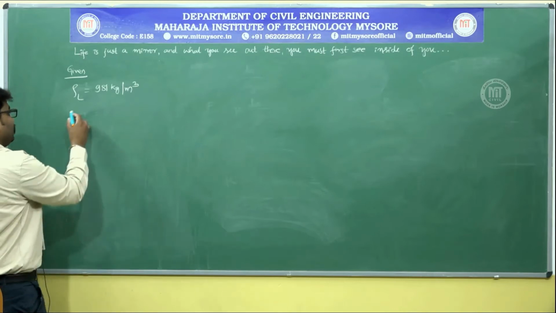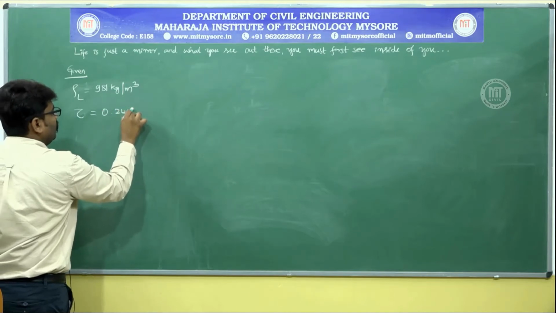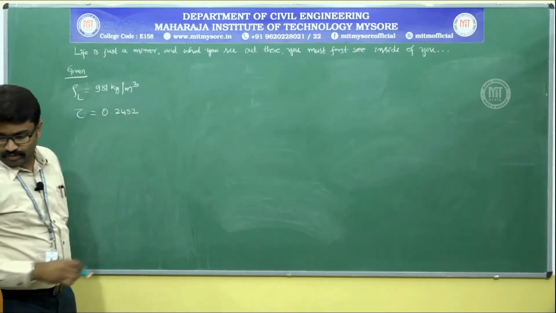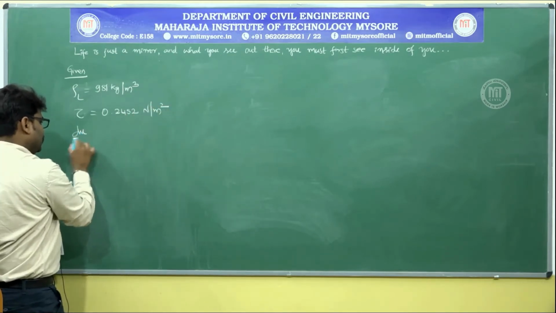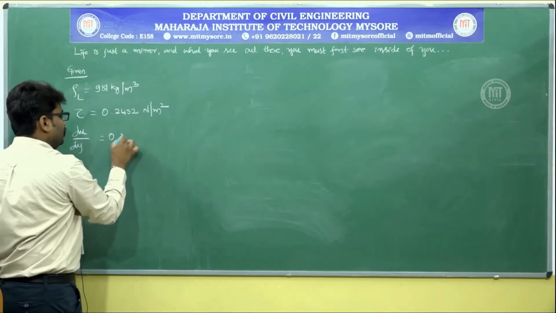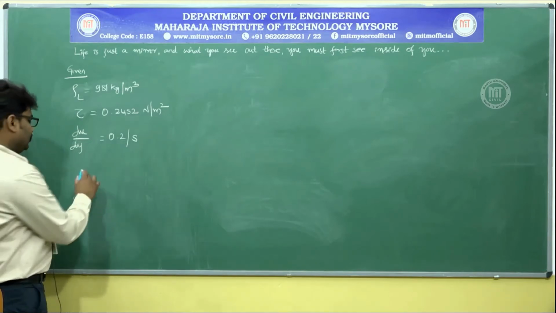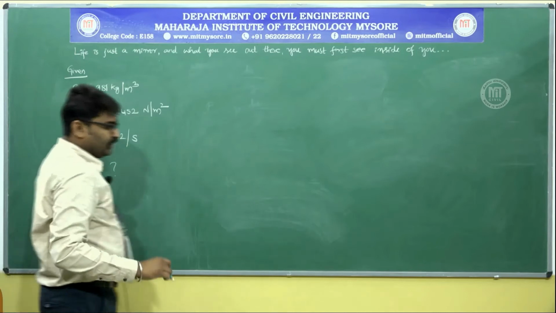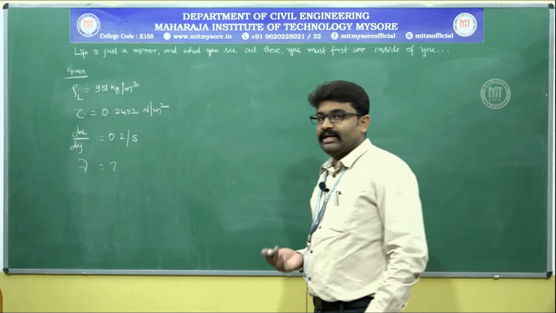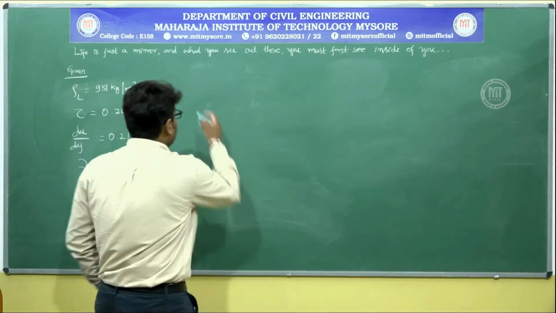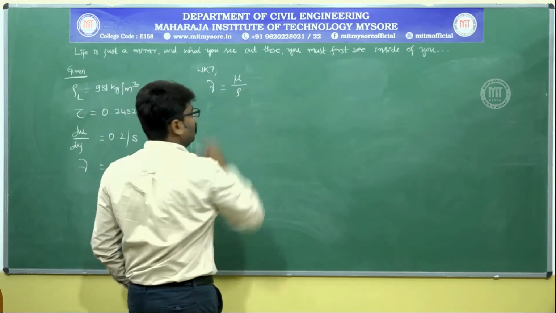The shear stress at a point on the liquid, that is shear stress tau, is 0.2452 Newton per meter square, and velocity gradient du by dy is straight away given to be 0.2 per second. To get kinematic viscosity, it is very important to get dynamic viscosity, and we have a ready equation. We know that nu is equal to mu by rho.